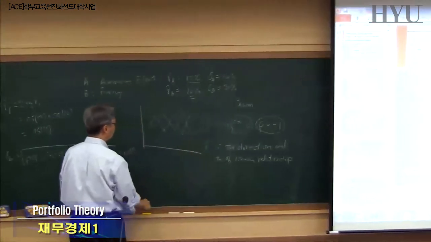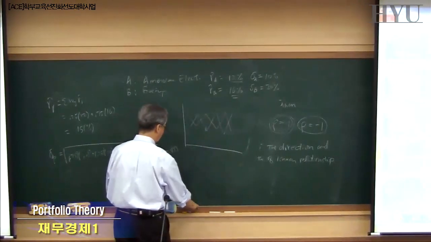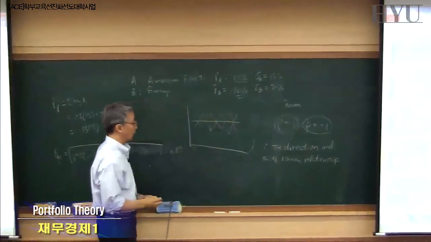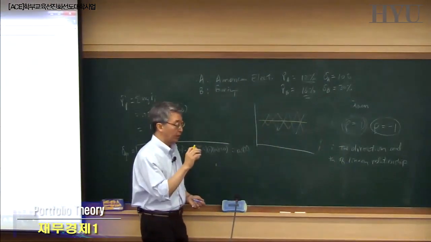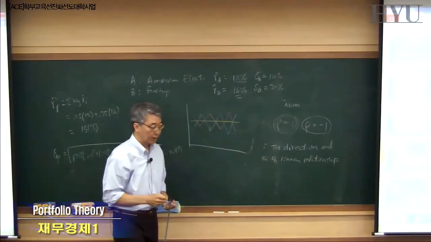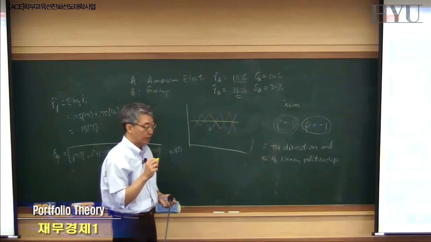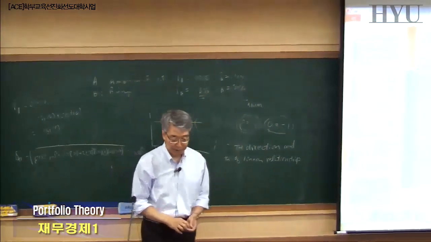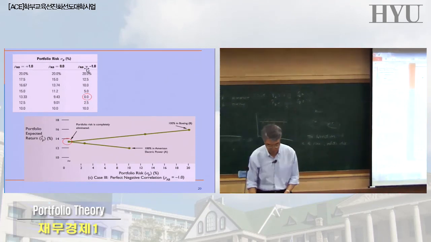Then when you add them up, you're going to get an exact straight line. When you add them up, the average will be an exact horizontal straight line. In other words, variability will be 0. So that's the idea of negative correlation.